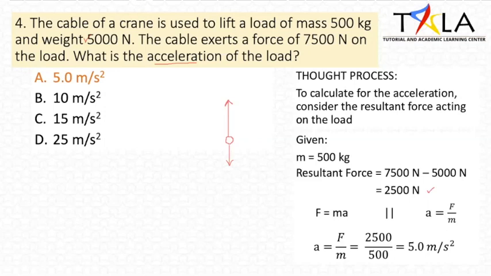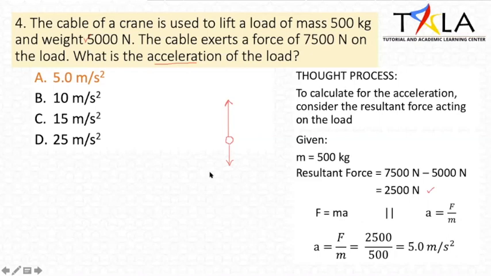Kapag naman upward, actually it depends sa problem. Dito, sabi, di ba, a cable exerts a force on the load. So, since it is a crane, we know na upward yung pull ng cable. So, upward din yung force. Okay? So, again, paano mo malalaman kung upward or downward yung force? Titignan mo sa situation. Titignan mo doon sa problem.